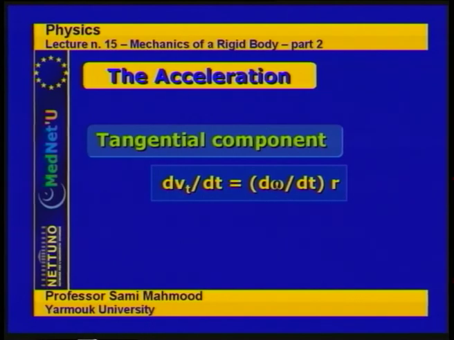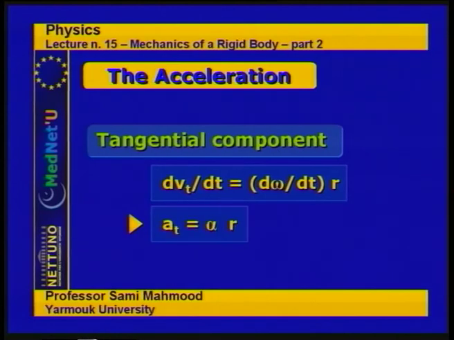In general, if we use the relation between vt and omega and r, and remember that vt is equal to omega r, where r is fixed for a given point because the body is rigid and rotates about a fixed axis, then dvt by dt is simply d omega by dt times r. And d omega by dt is simply the angular acceleration.